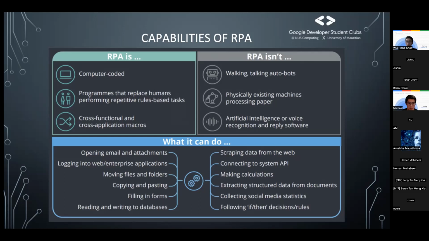Now, what RPA can do is open email and attachments, log into web enterprise applications, move files and folders, copy and paste, and fill in forms. In fact, there is a wide variety of tasks that an RPA can do. I will share another simple experience: I started by automating my own tasks.